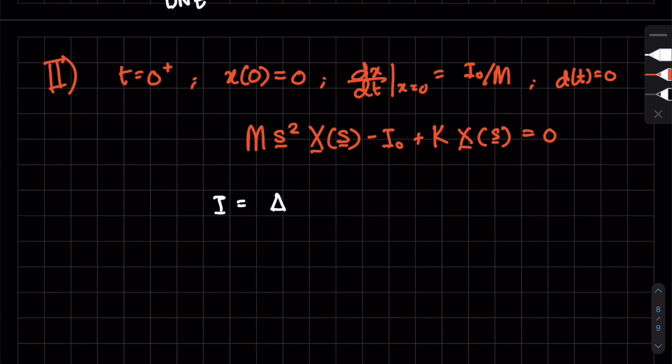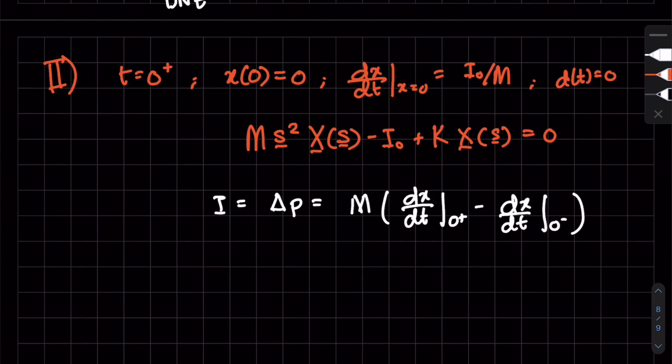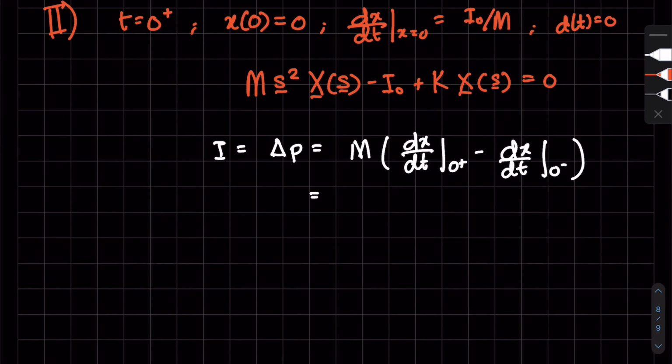So there we go. The value I naught over m also makes sense because in mechanics, impulse is the change in momentum. So mass times velocities at different points, 0 plus minus. So we just consider the instantaneous change in momentum about 0. This is 0. We know that causality.